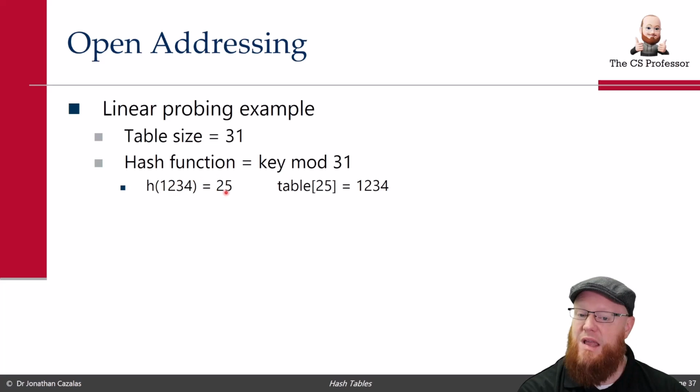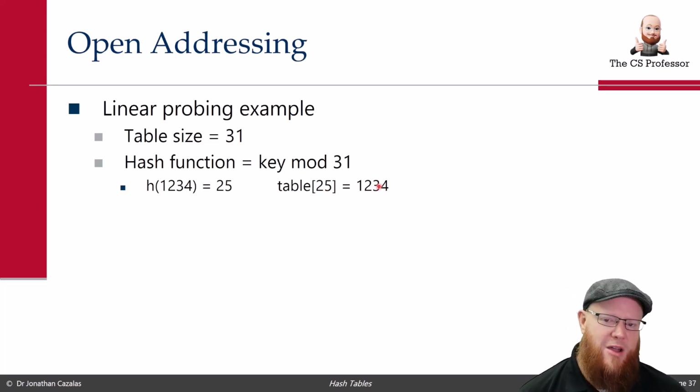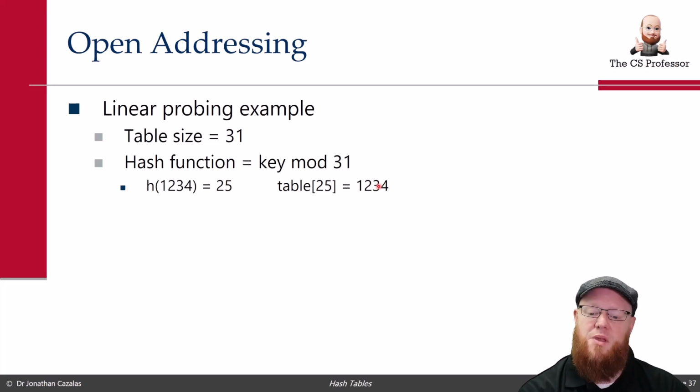They hash into index 25, no problem. We put them at index 25 of our array, and I'm just calling the array table. So what do we put at index 25? We're simply storing their key. I could have stored an entire object, a node, an address, but you get the idea. For the purpose of this example and this visual, we're simply going to store their key at index 25.